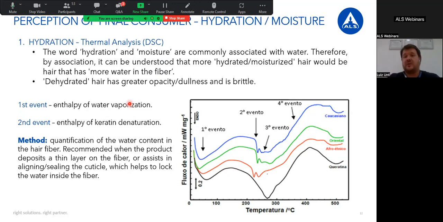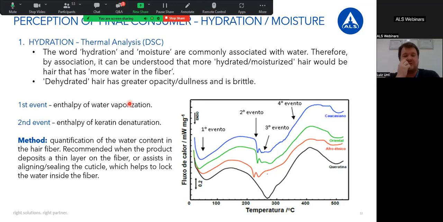Another example that we have is working with hydration and moisture, because hydration and moisture are commonly associated with water. So sometimes we can use both hydration and moisture with the same meaning.